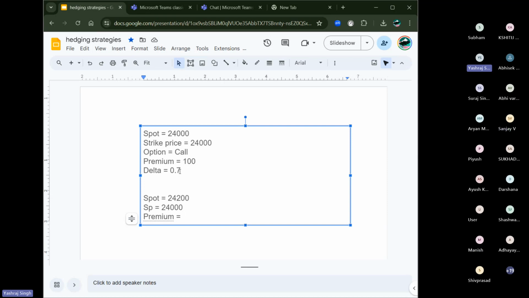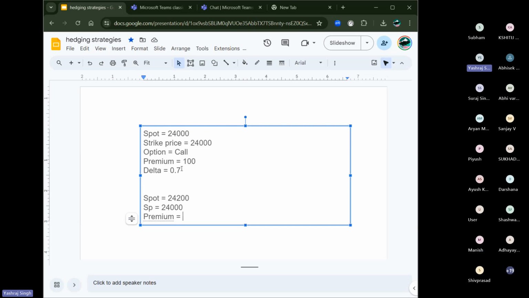The relationship between the underlying movement and the sensitivity of the option price is something we need to model. It keeps changing with every single tick, but for simplicity we are assuming it stayed 0.7 for the whole move from 24,000 to 24,200.